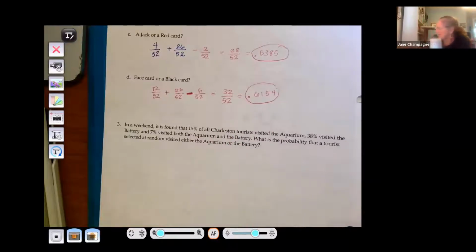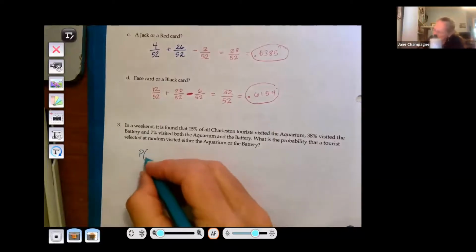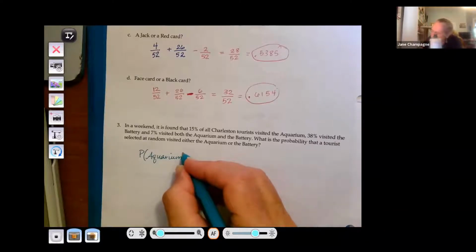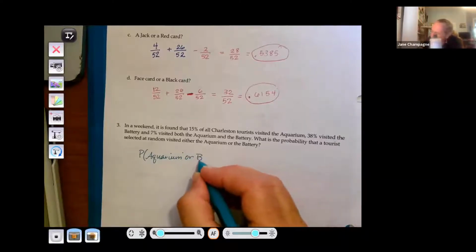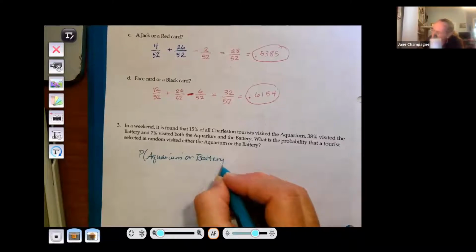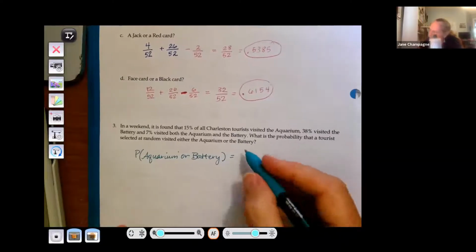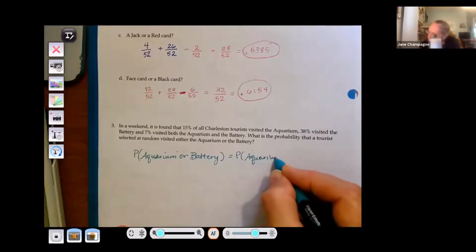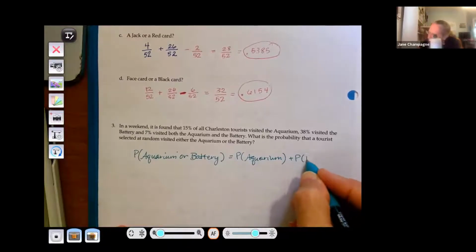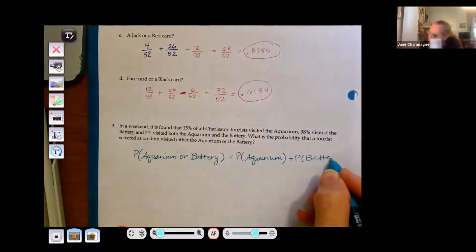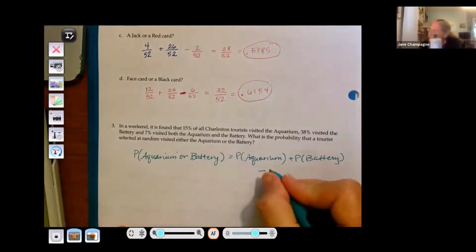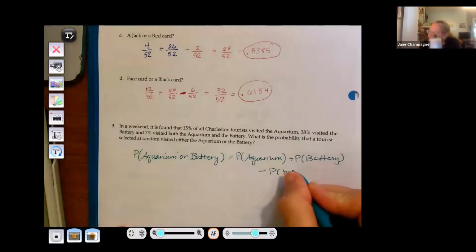All right, so this one is another or, and is a really good place where the addition rule helps out. You take the probability that they go to the aquarium, add the probability that they go to the battery, but then we subtract the probability or proportion or percentage that they went to both.